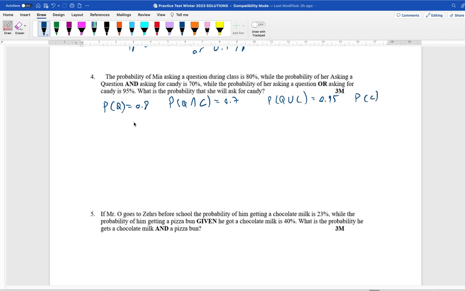Alright, so this is just like the question we just did. So let's use our OR formula. So probability of question or candy is 0.95, which equals the probability of a question plus the probability of candy, oh sorry, that's a plus, then minus probability of question and candy.